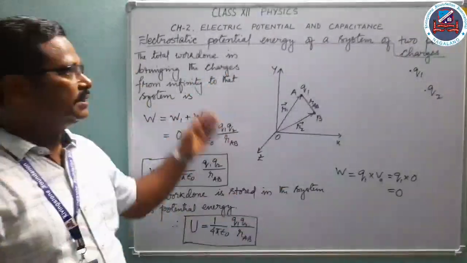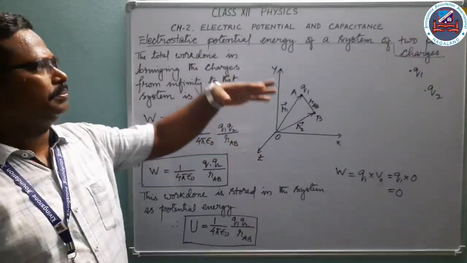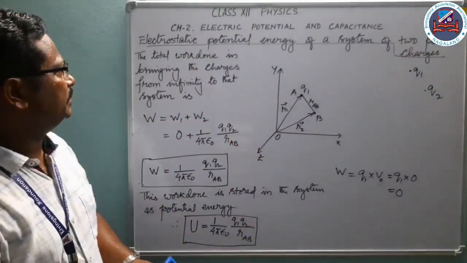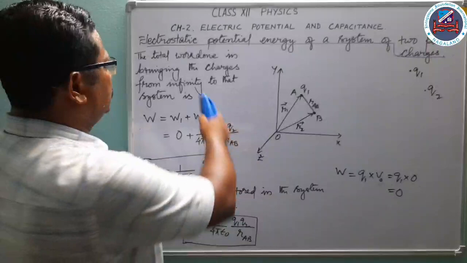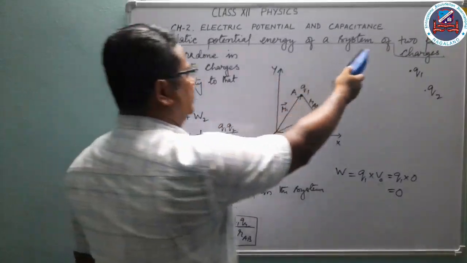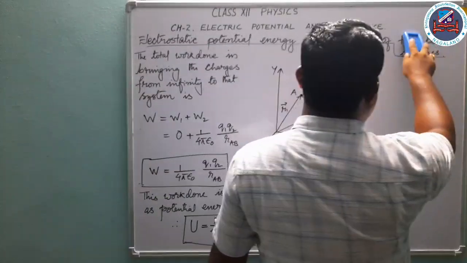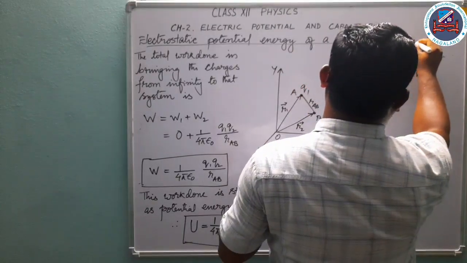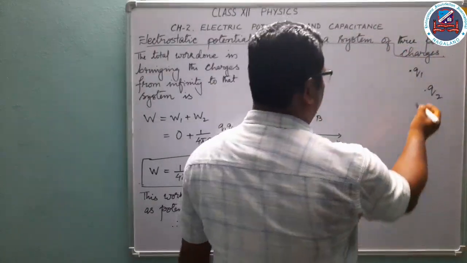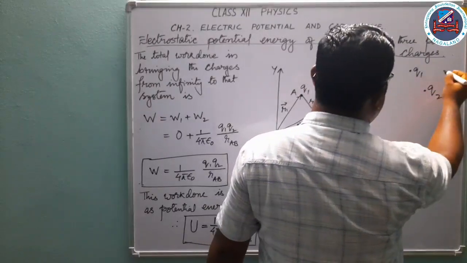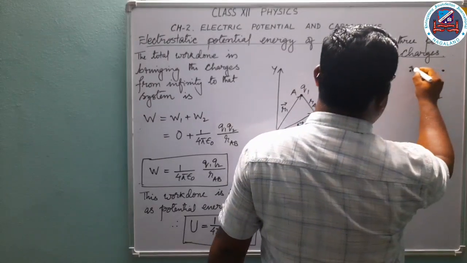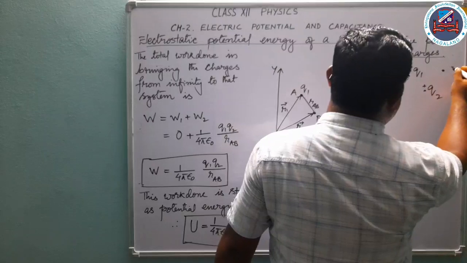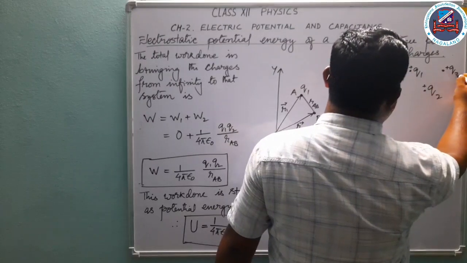Now let us see for a system of charges, or say 3-point charges. The next topic we'll see is electrostatic potential energy of a system of 3-point charges. Then what we have to do? Suppose there is one more charge at infinity. All these are positive charges, say plus Q3.